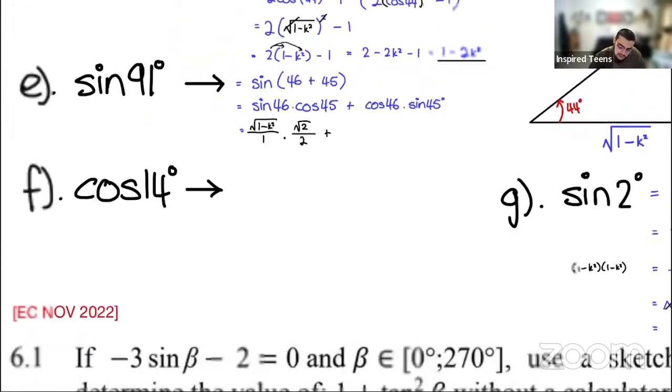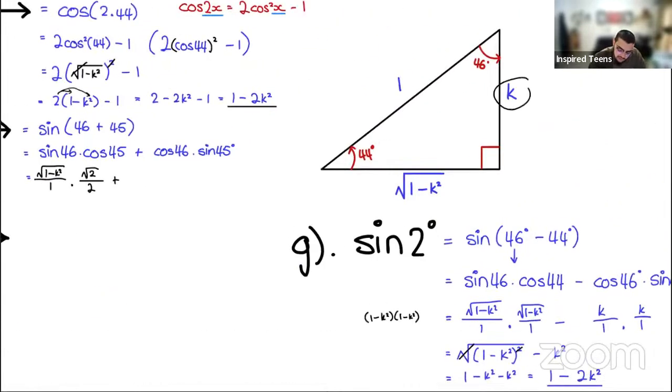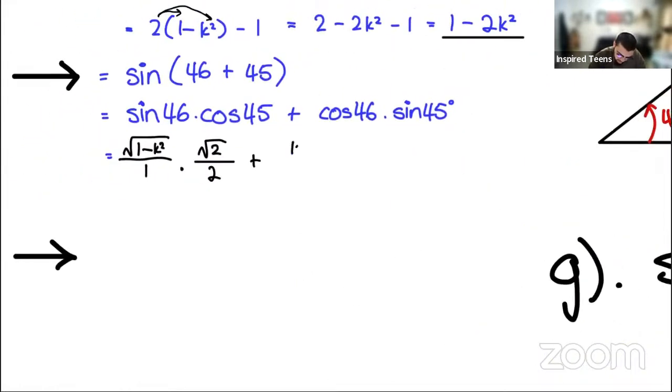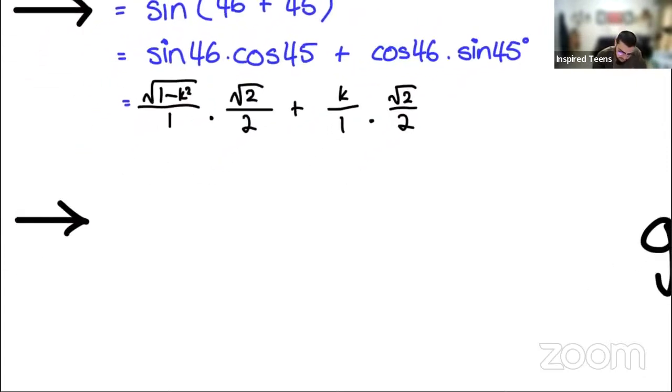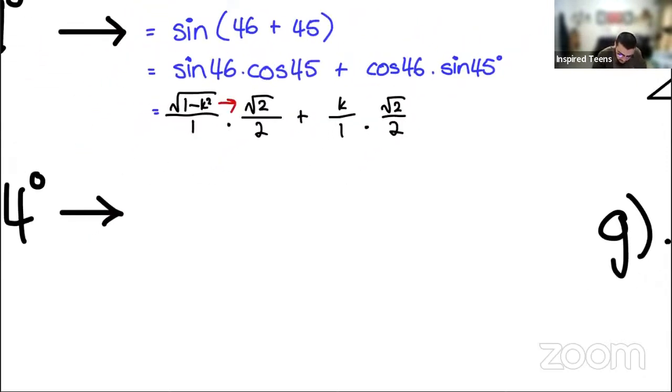Plus cos 46, again triangle. Cos 46 is k over 1. So this becomes k over 1 times sine 45, which has the same value as cos 45, square root 2 over 2. Okay, now we simplify, we multiply our numerators and denominators, and then just simply add it to the next multiplication, numerators, denominators.